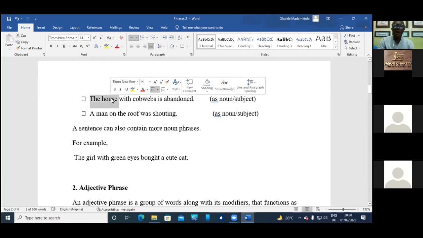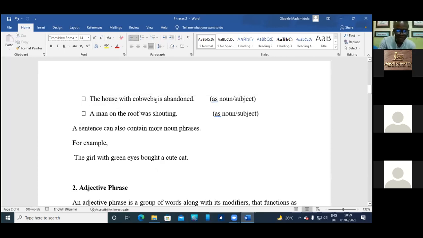But then you see, the house is a phrase, but at the same time, let's try and divide this. We have the subject, and then you have what? The verb.